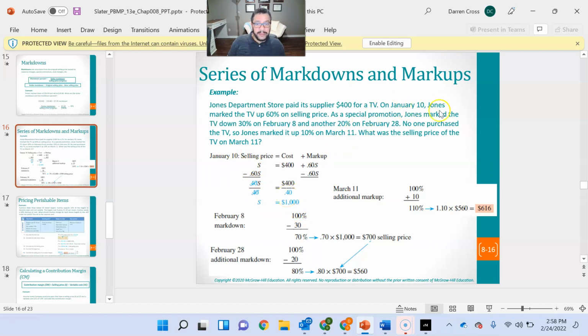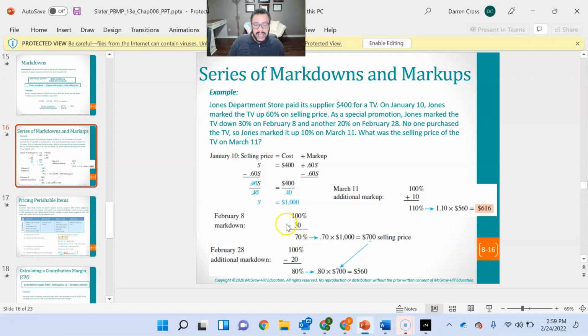So then what happened? On a special promotion, Jones marked the TV down 30%. Okay, you don't have to do any crazy things now, right? We just know that they marked it down 30%. So how did they do this? On February 8th, they marked it down 30%. They did it in a convoluted way. I wouldn't do it this way, but they did it.